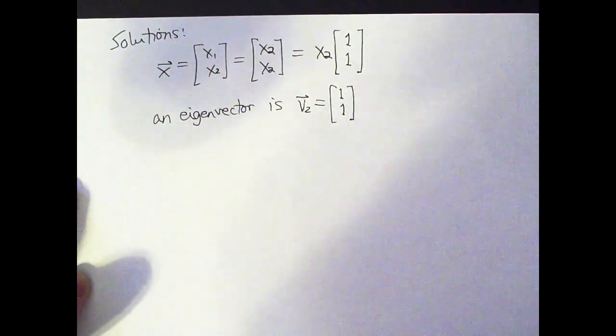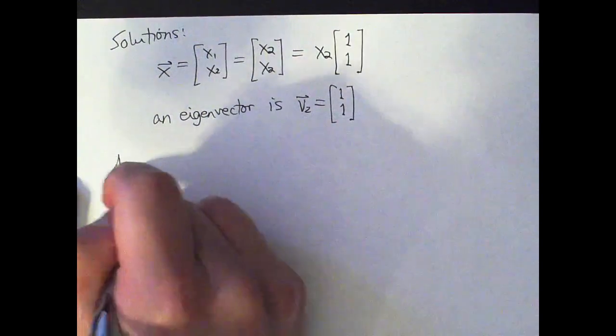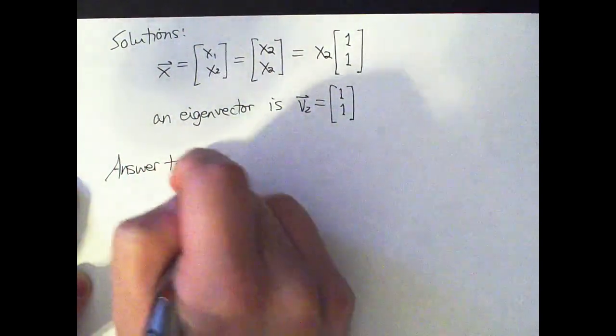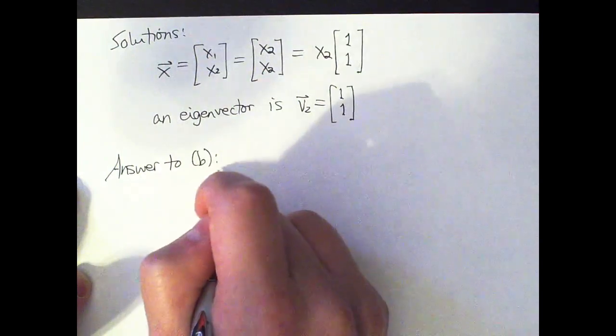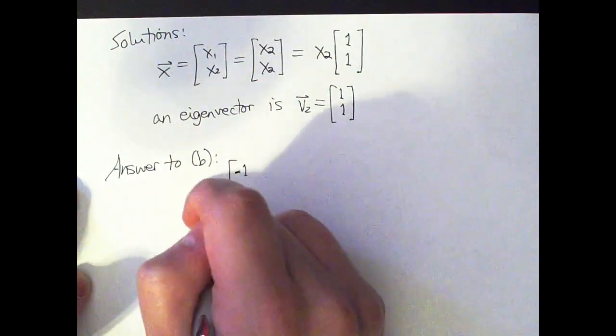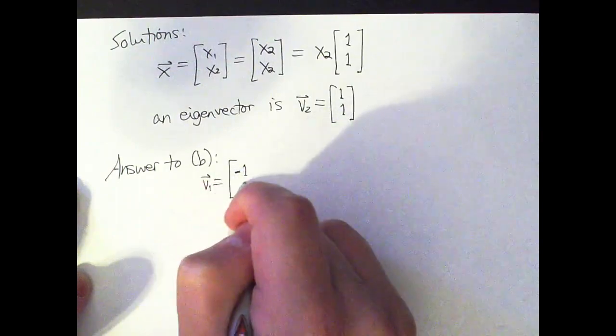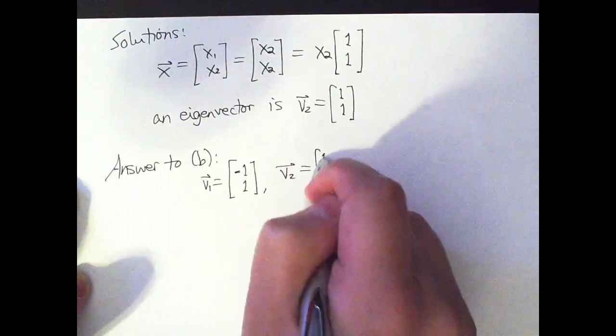Because these came from distinct eigenvalues, they're going to be linearly independent. So I guess we should just say answer to B. We wanted two linearly independent eigenvectors, and we found them. I guess just say v1 equals this, and v2 equals this.